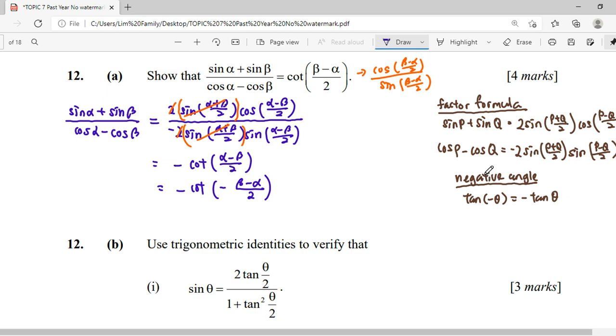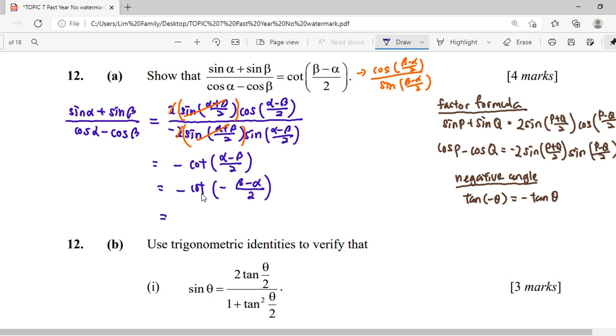For a negative angle involving tangent, because cotangent comes from 1 over tangent, you can notice that if we have a negative angle for tangent, it will equal negative tangent of the angle. So the negative can be taken out for a negative angle in tangent. For cotangent, which means 1 over tangent, the negative can also be taken out.